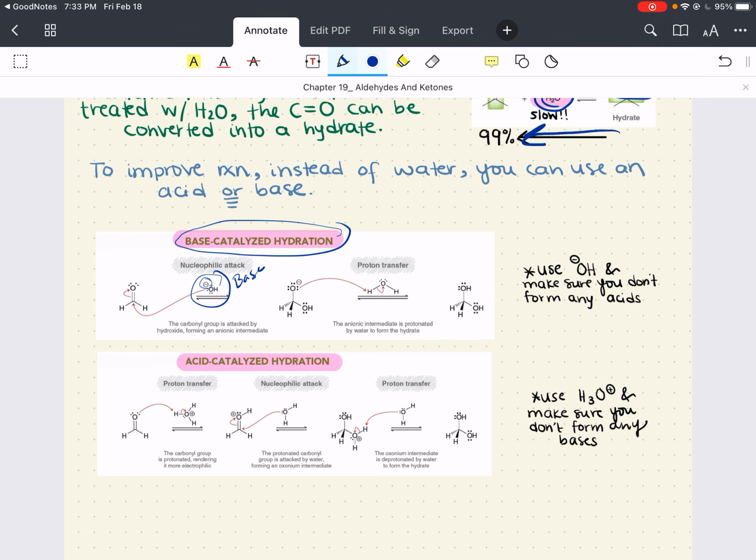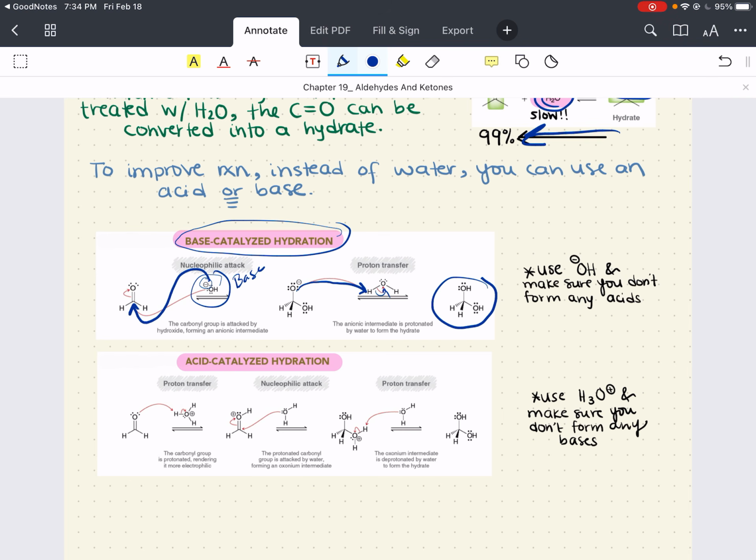So this is going to proceed obviously through a nucleophilic attack, where our hydroxide is going to come in and attack that electrophilic carbon of our carbonyl group. And then what happens is a proton transfer. That proton transfer right here from water is going to result in this hydrate product that we want.